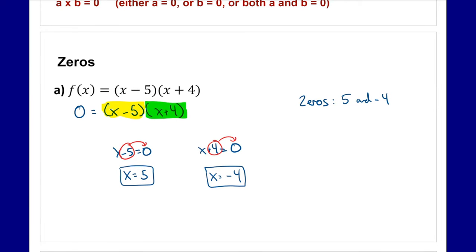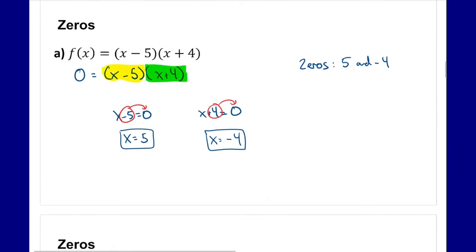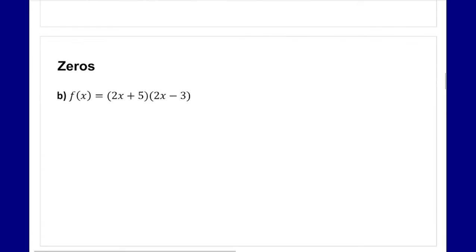So in these types of situations, we could go through and actually calculate what the zeros are, or we can just look at the opposite values. In this example, f of x is equal to 2x plus 5 and 2x minus 3. This one's a little different. If we say our function is equal to 0, that will equal 2x plus 5 times 2x minus 3.